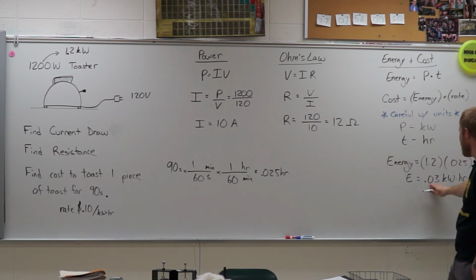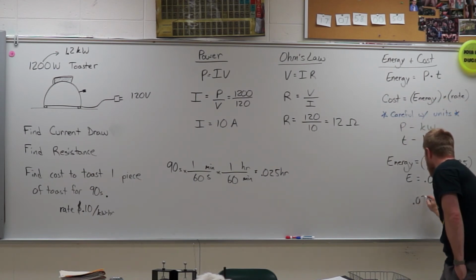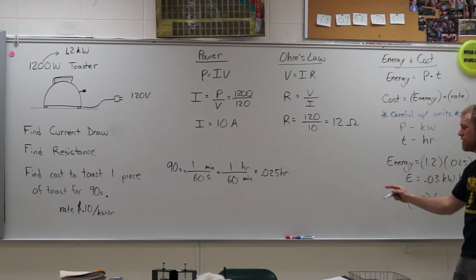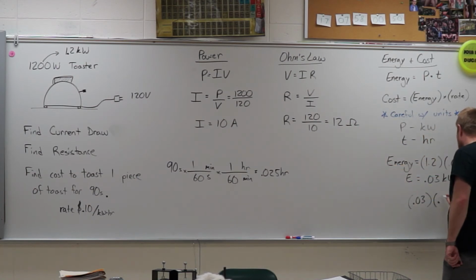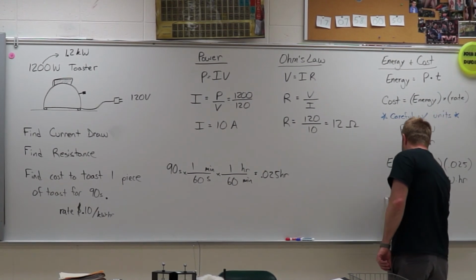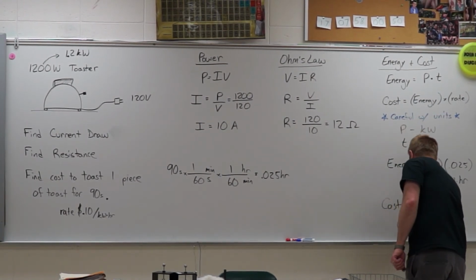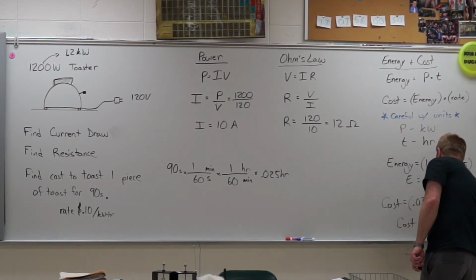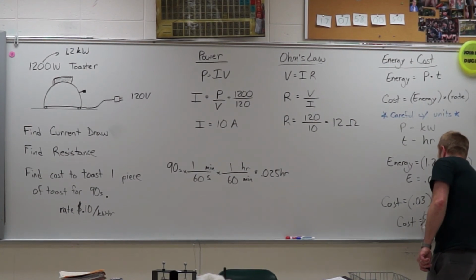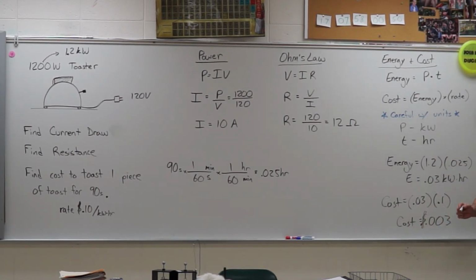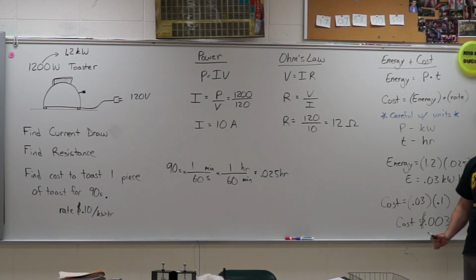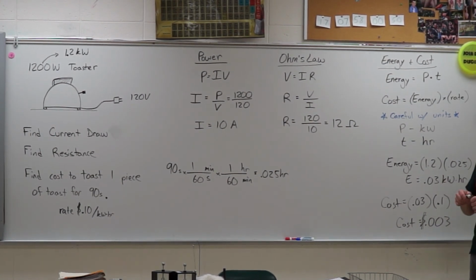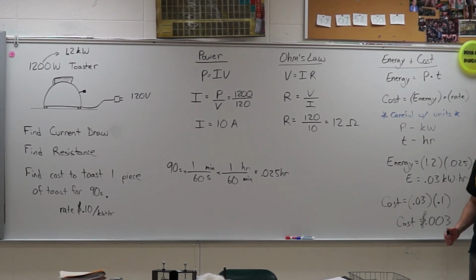So if I multiply 0.03 times my rate, which was 10 cents, so $0.1, I'm going to have my cost. And so it costs me $0.003. In other words, it cost me 0.3 cents for the electricity for that one piece of toast.